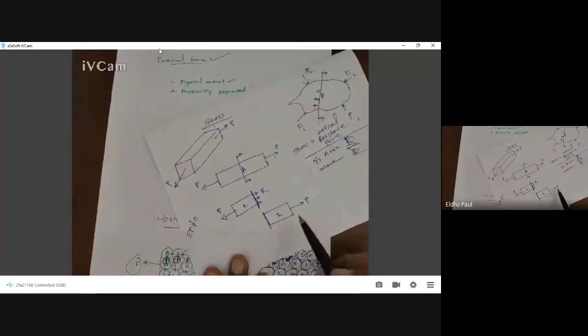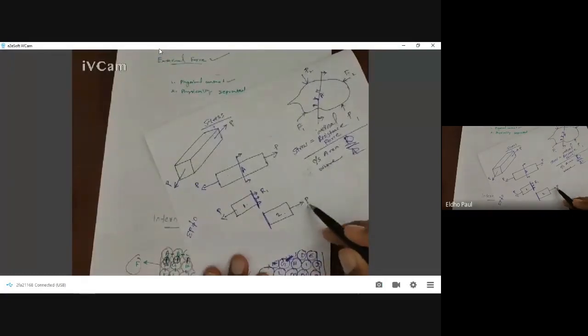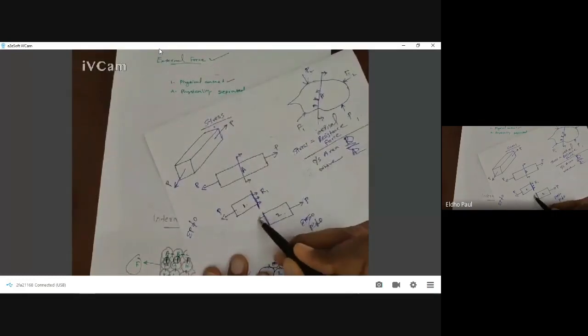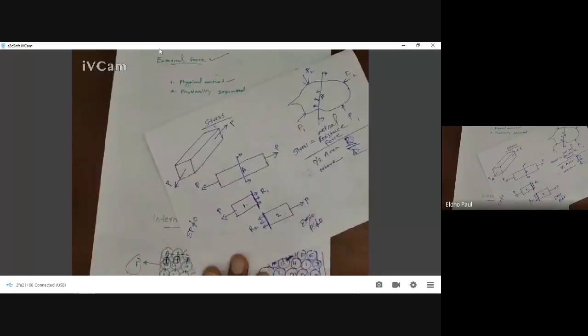Similarly, the second part also should be in equilibrium. Here also the load P is an unbalanced force, because the sum of all horizontal forces equal to 0 would require P equal to 0, but P is not equal to 0. There is a value for P, so this is an unbalanced force. To balance this force in the horizontal direction, some internal force will be developed across the cross section, which is equal to R2.